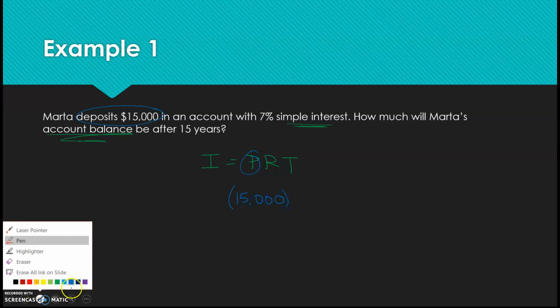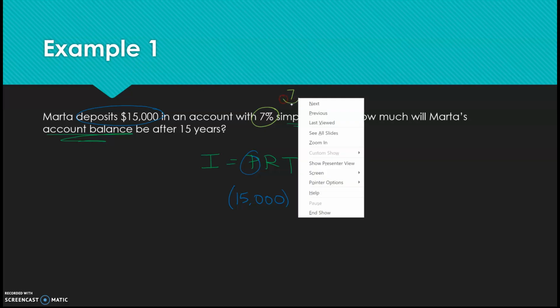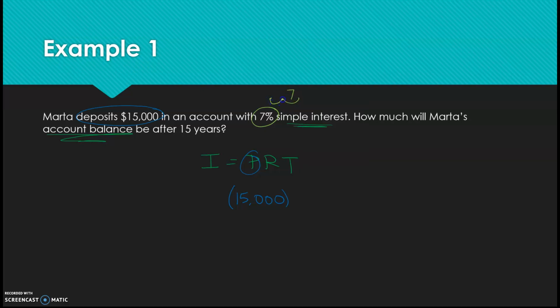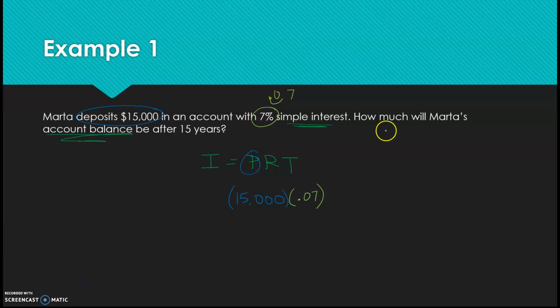And then my rate, it says 7%. So remember, we have to go from percent to decimal by going to the left 2 places. So we're going to plug in 0.07 and then our time. After 15 years, that's already in terms of years, so time is 15.